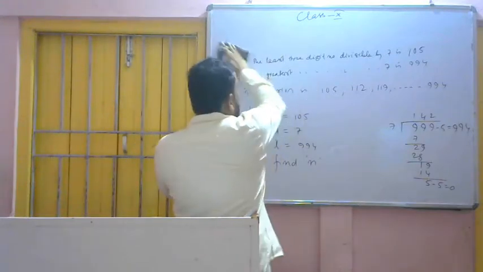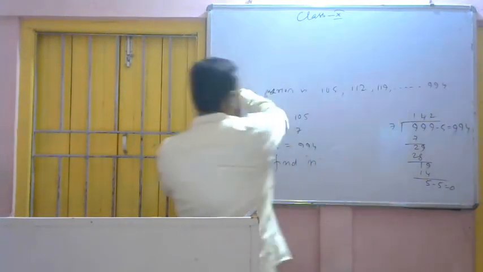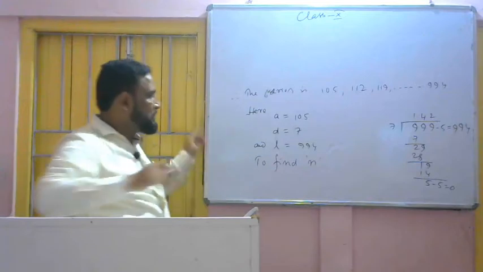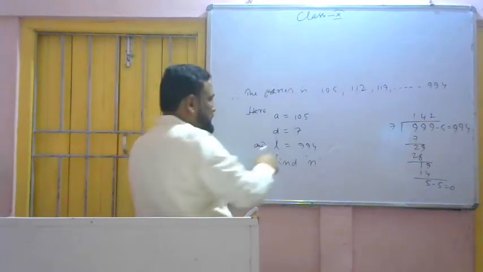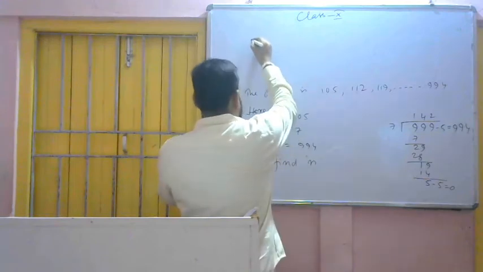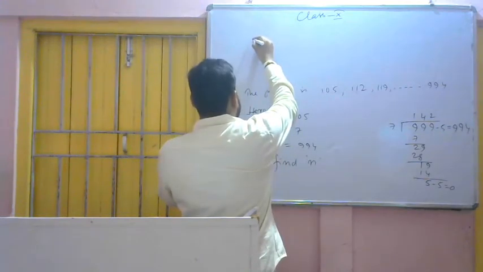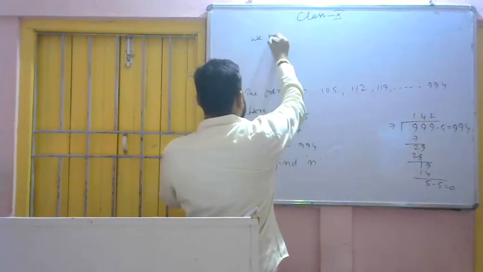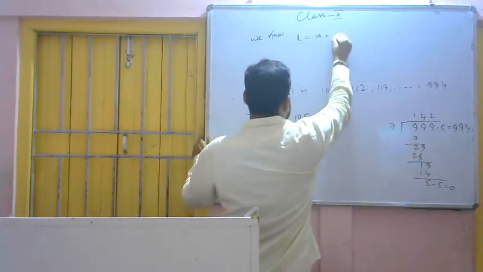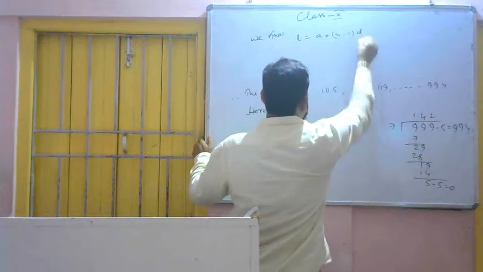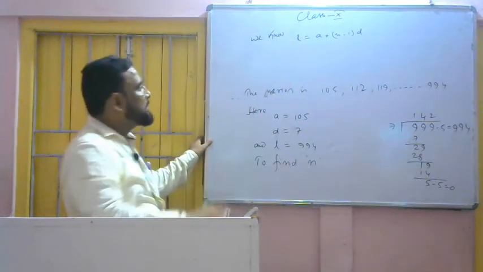Now, which formula will you use? Yes, because L is there, to find n we know L is equal to A plus n minus 1 into D. No need to use a_n.